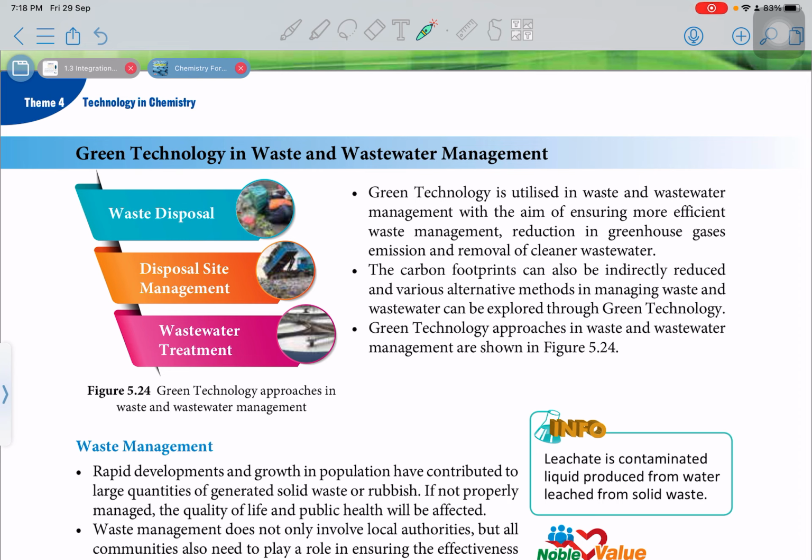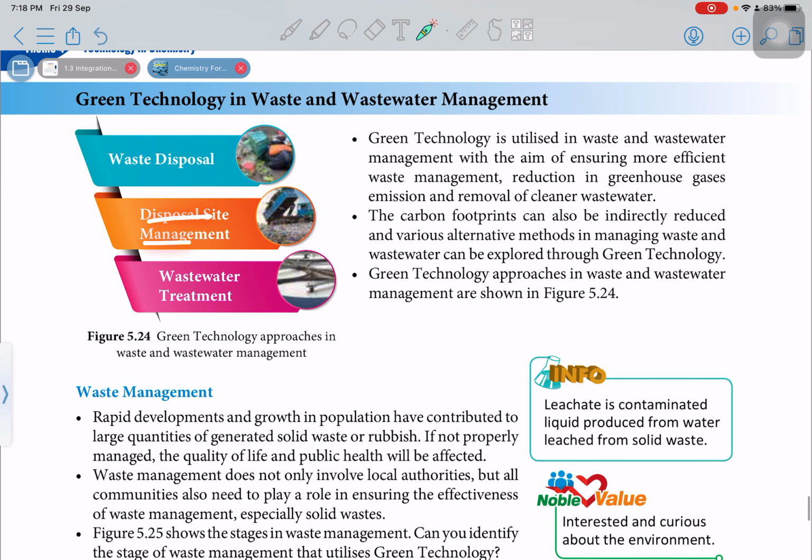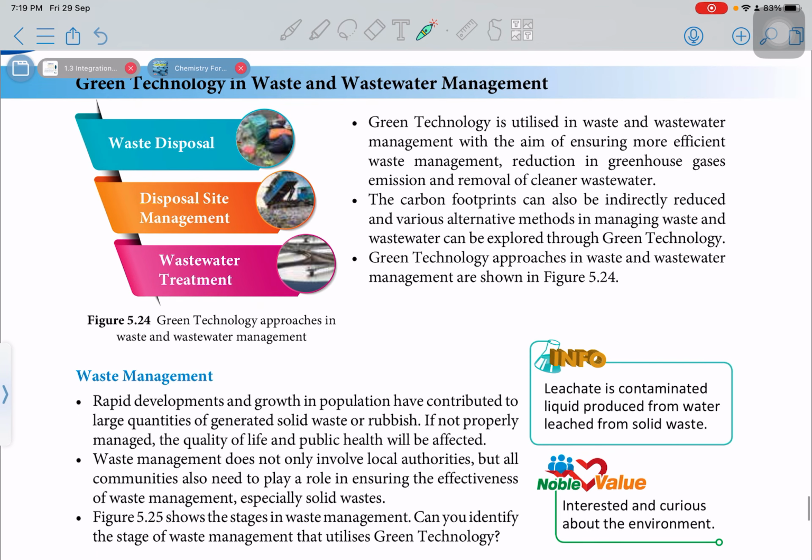So kita tengok pula green technology in waste and wastewater management. Kita ada waste disposal site management and wastewater treatment. So green technology is utilized in waste.